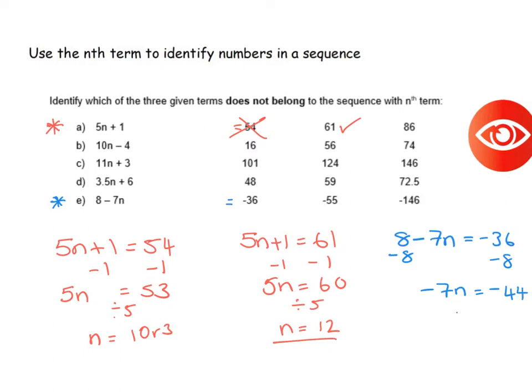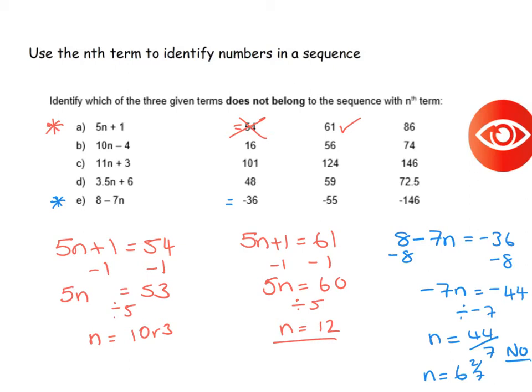So we're going to divide by minus 7, so that minus will become positive, and it will be 44 over 7, which is the same as 6, and you've got some left over with 2 over 7. So that one again is no, because it's not a whole number.